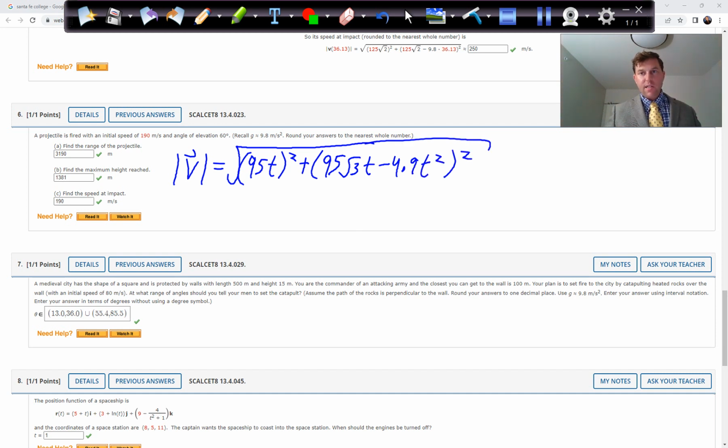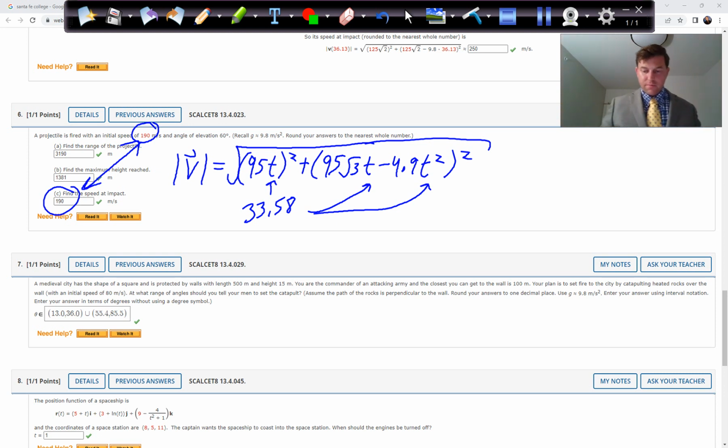And the time is 33.58 seconds. So you just have to plug in 33.58 into each t, square, add, square root, and you should get 190. And guess what? That was what it started with. So we fired at 190, it lands at 190, so you probably could have got that without any arithmetic at all. But you can prove it's true.